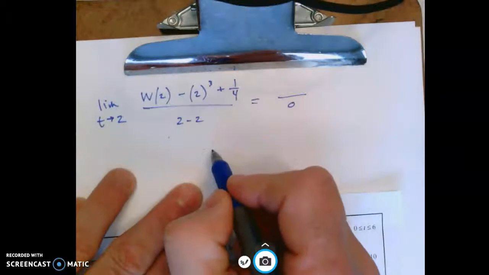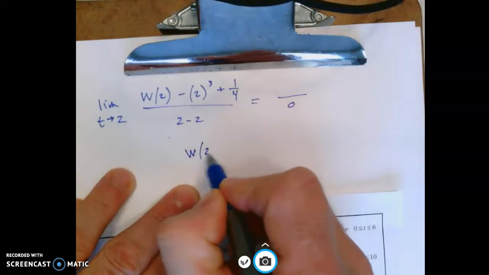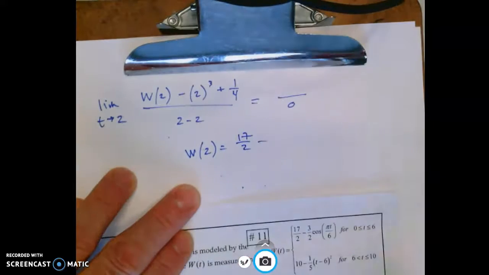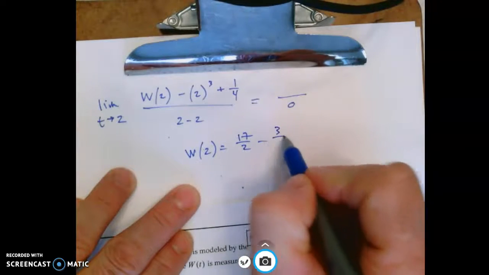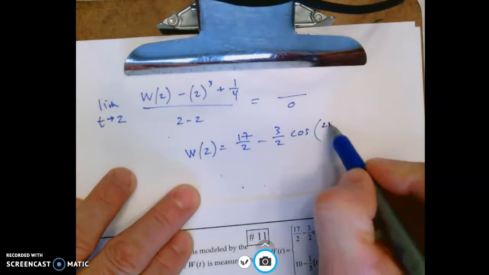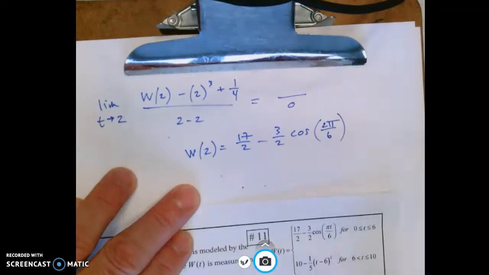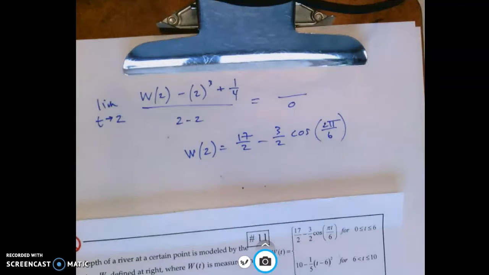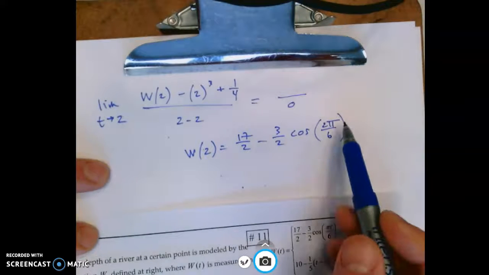So this is W of 2, which is equal to 17/2 minus 3/2 cosine of 2 pi over 6, and that's it. So now I have to go back to my trig values, but again, I have my calculator available to me, so I could use this if I want to. 2 pi over 6 is pi thirds.